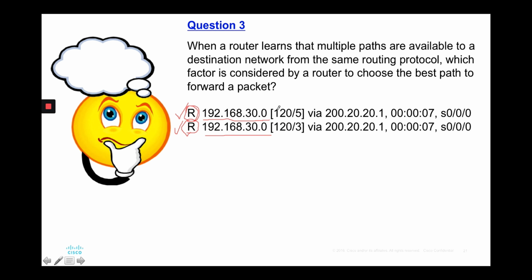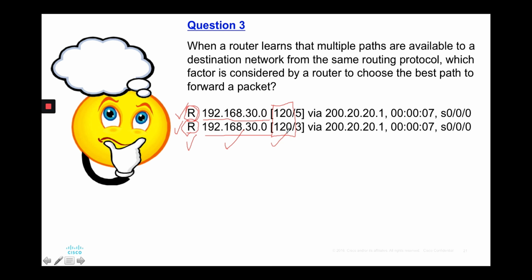Okay, the router is configured with 120 administrative distance. Now in this case, which path will the router choose to reach the destination? Because both are the RIP protocol, the destination network address is the same, and the administrative distance is also the same.